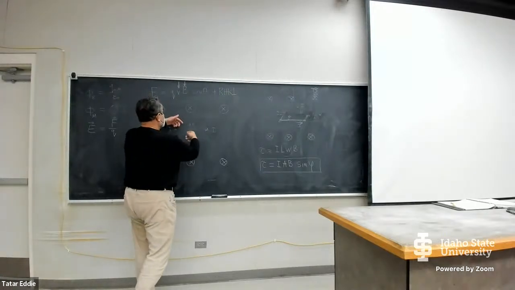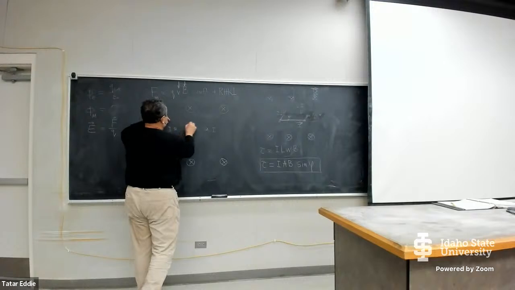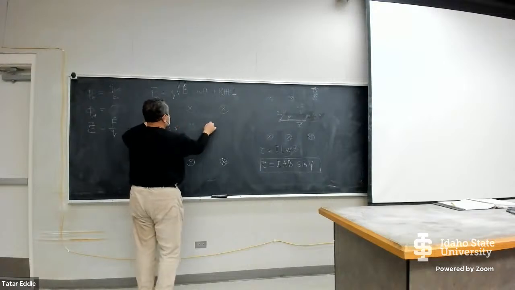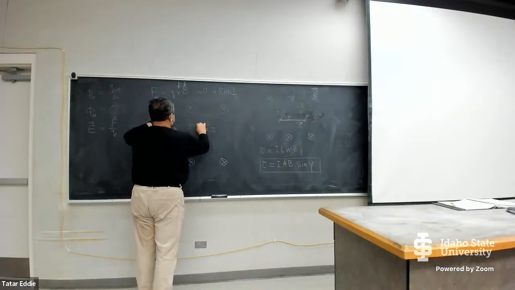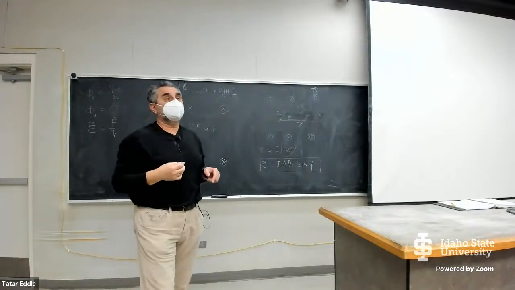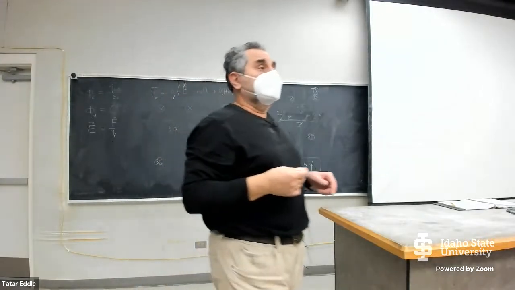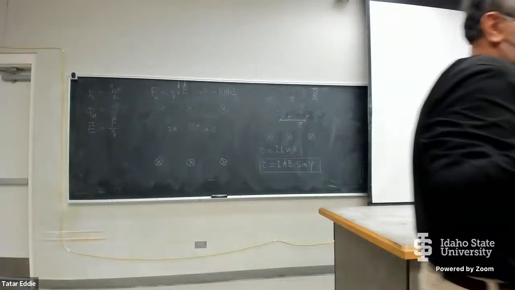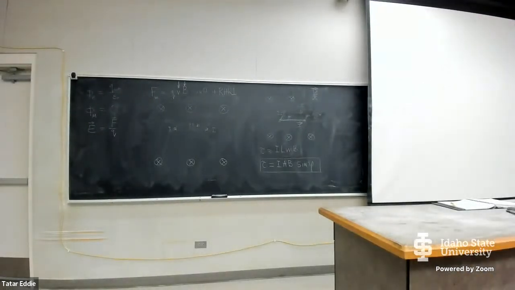On the other side, the one behind the rectangle, the force is in the opposite direction. And you have this rotational motion of the frame. And this is exactly, what is it? It is exactly an electric motor.